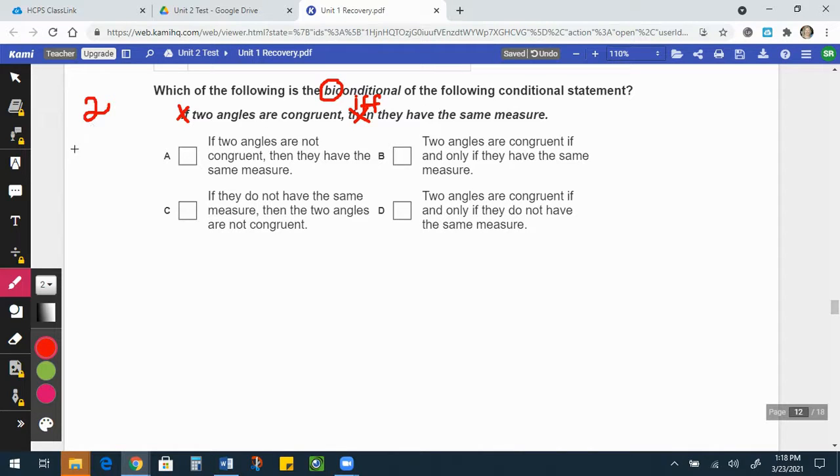So the two things I had to do: cross out if and then, that was number one. And second, I had to insert if and only if in the middle.